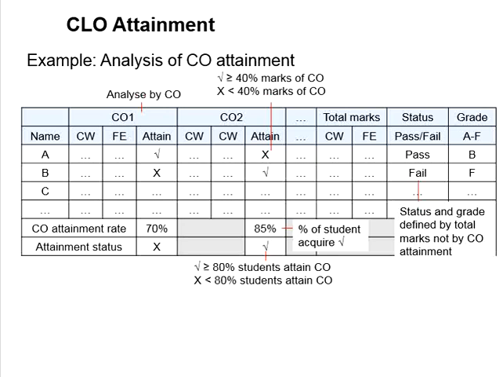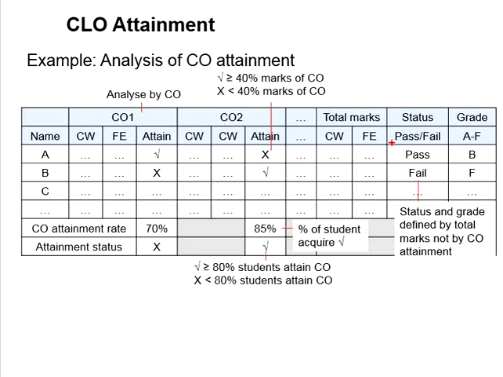It is also one of the requirements that the student must also pass the final examination. If the student fails the final examination, even though the coursework plus the result from the final examination is more than 40%, since the student does not pass the final examination, the student is still considered to have failed.